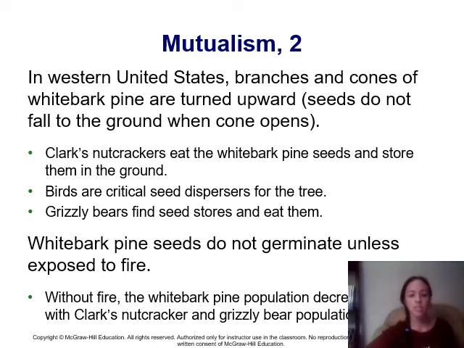This is also a good example of the interdependence of animals, plants, and weather patterns. In the western United States, the white-bark pine, Clark's nutcracker, which is a type of bird, and grizzly bears are reliant on each other. The white-bark pine has cones that are turned upward, so the seeds don't fall to the floor. Instead, the Clark's nutcracker gathers and eats the seeds.